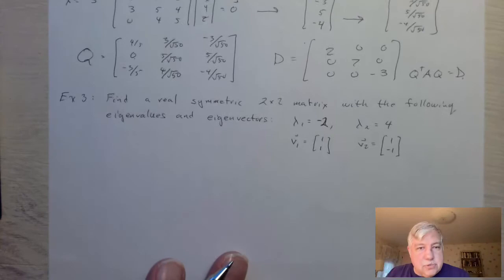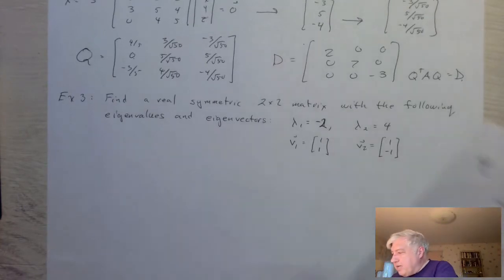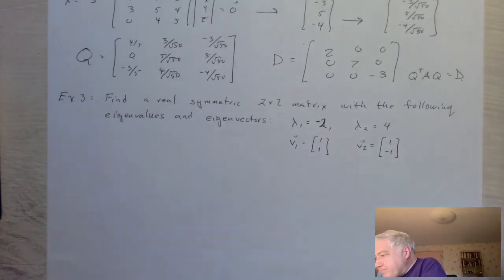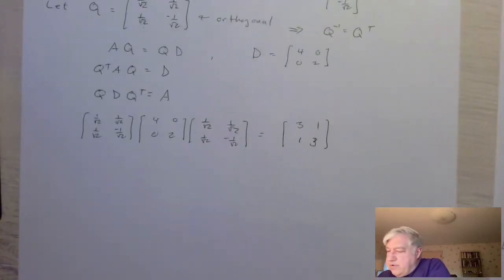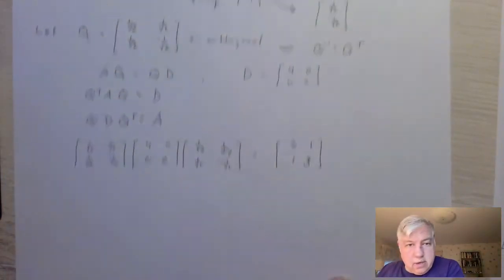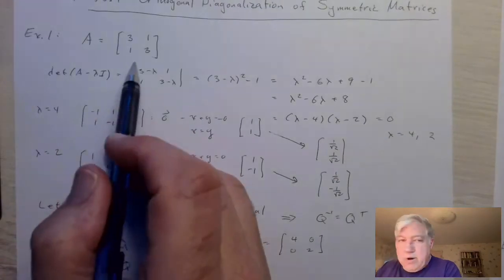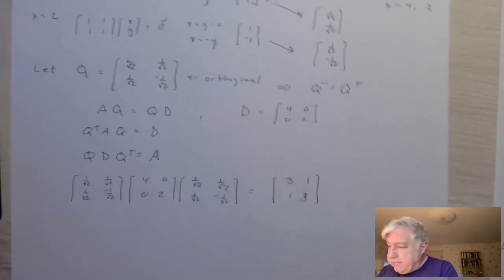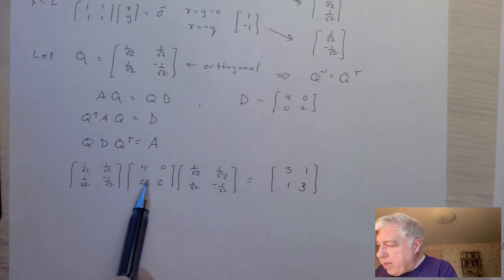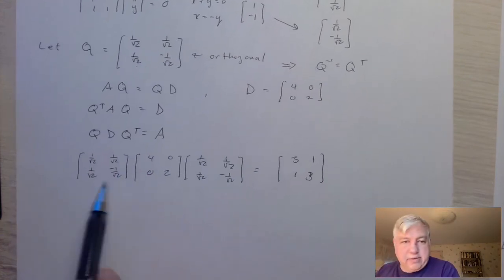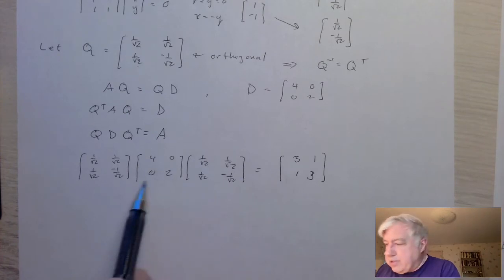To wrap up, I want to talk about spectral decomposition. If we go back to our first example, where we took this matrix A, 3, 1, 1, 3, and we wrote it this way. It turns out that we can actually write this matrix in a slightly different form.